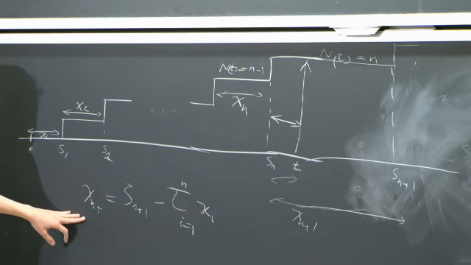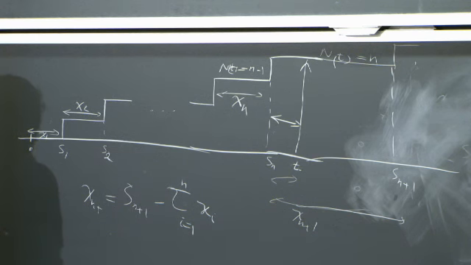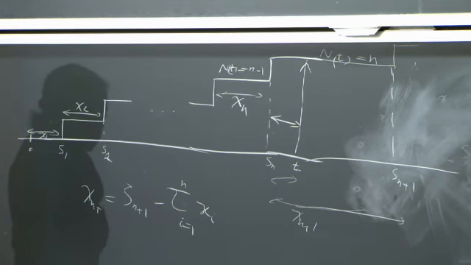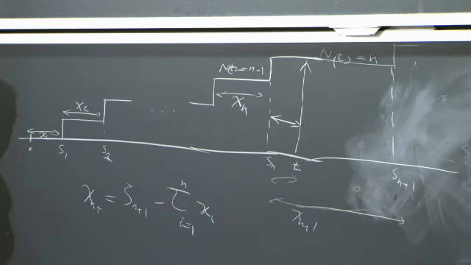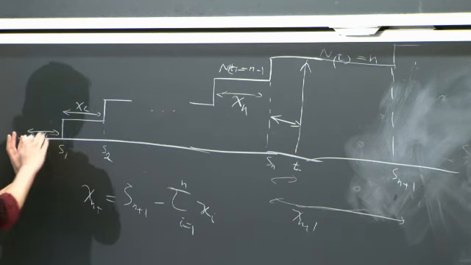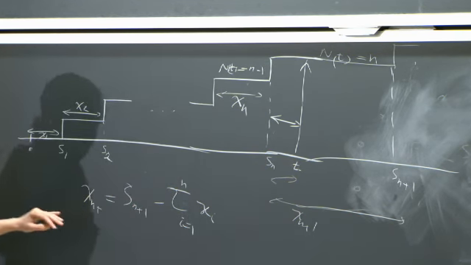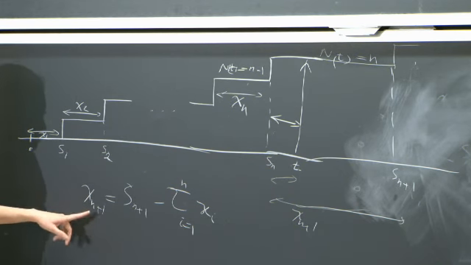So there's no randomness here. But looking at the figure and the distributions, you see that everything is symmetric. So I found the distribution of x1 to xn, and I can find x_{n+1} easily from them.